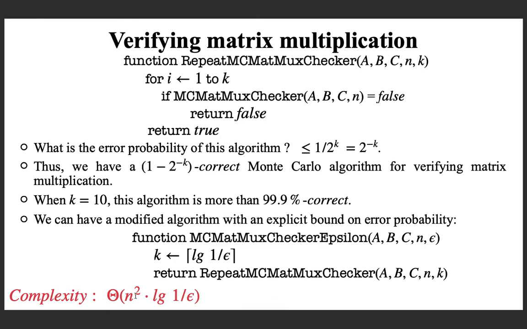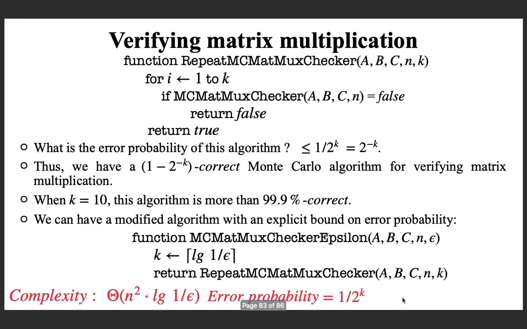And what is the complexity? N square is the complexity of this algorithm, and you are executing that k times. So what is k? k is log 1 by epsilon to the base 2. So the complexity is n square multiplied by log 1 by epsilon. And what is the error probability?